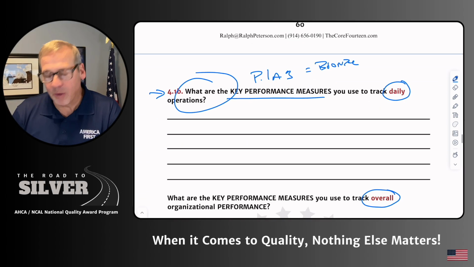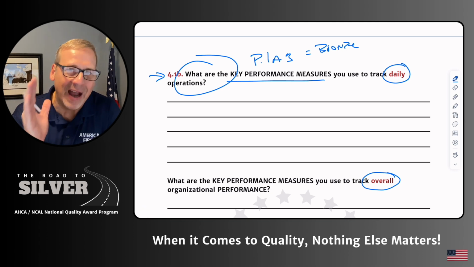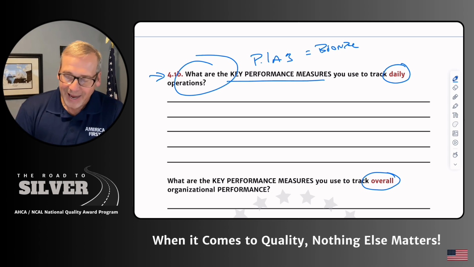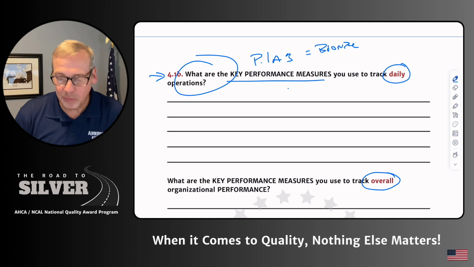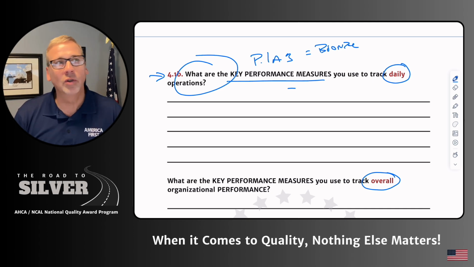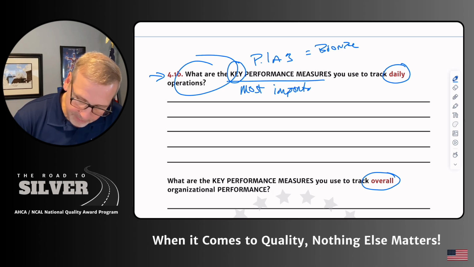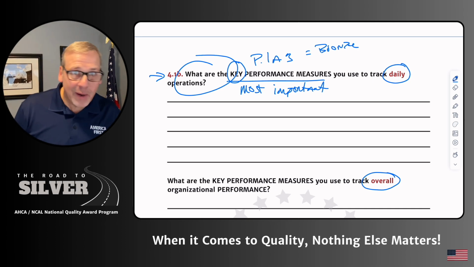One final thing. I know I wasn't going to talk about 4.1b in this video, but just one final thing. I want to give you one small little heads up, a little trick here: anything that you list here, as an examiner, we're looking for your key. Key means most important. A lot of people are like, how many do I need to put?